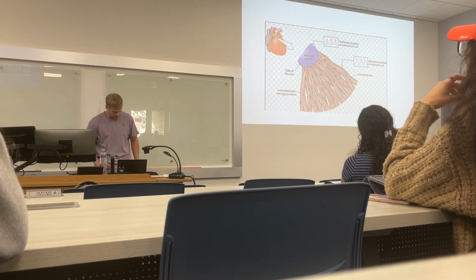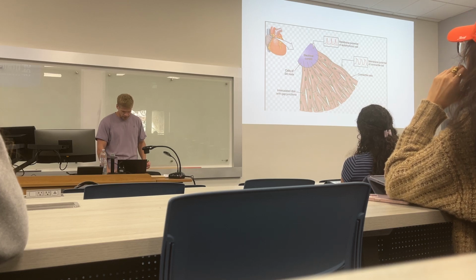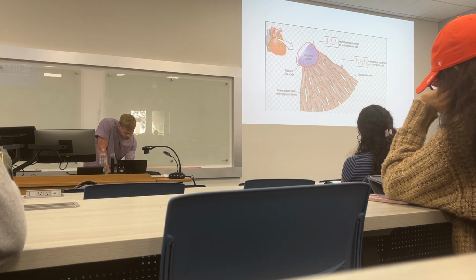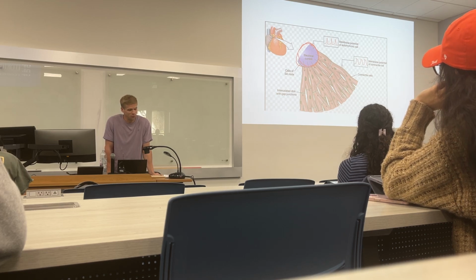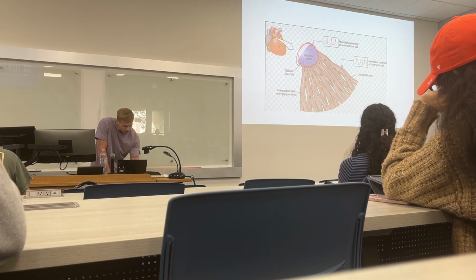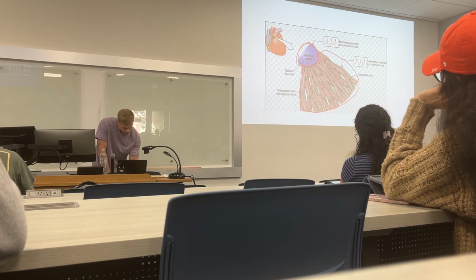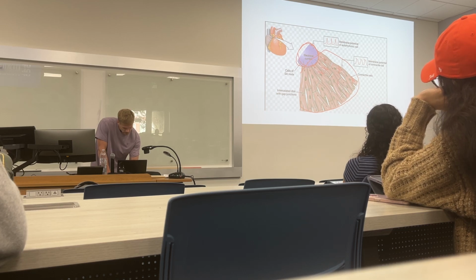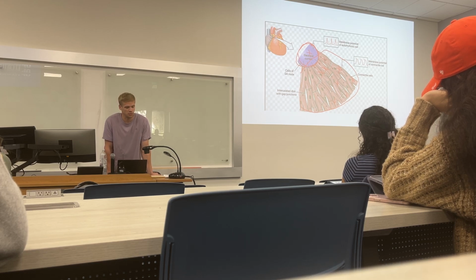Why it needs to be done like this, I've never understood, and it creates a ton of confusion. If this were the sinoatrial node, logic would tell you from looking at the image that it's very different than the other cardiac muscle fibers of the right atrium, because that's what those are right there. All of these are cardiac muscle fibers of the right atrium, and this is supposed to be the sinoatrial node, which is in purple and doesn't look anything like the other ones.